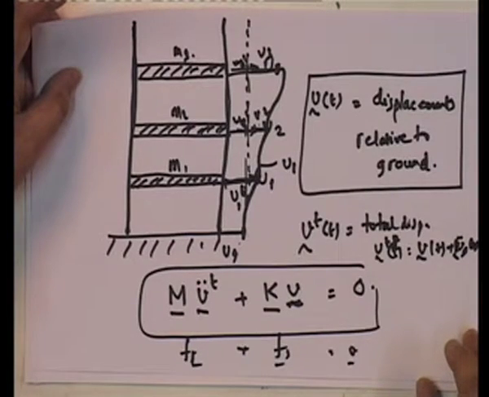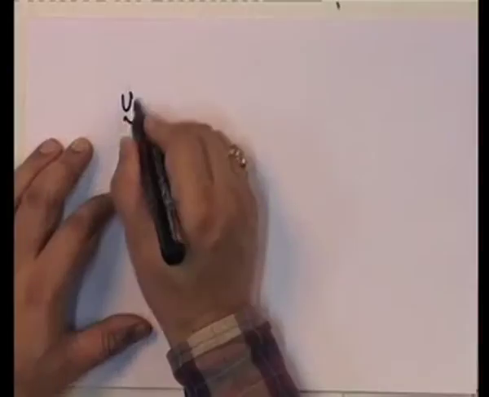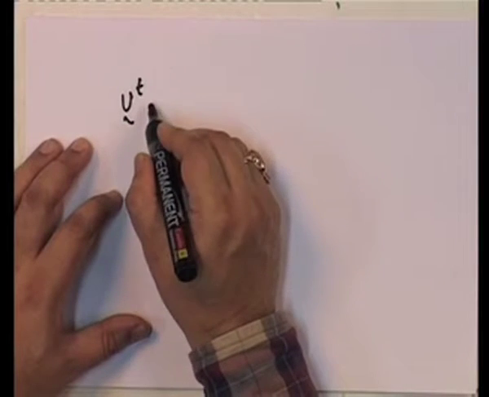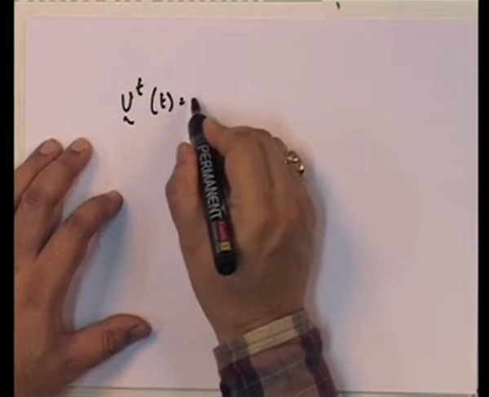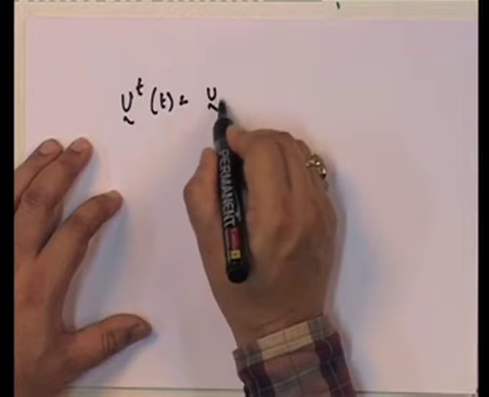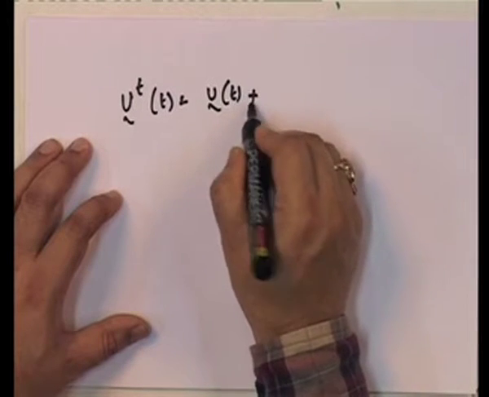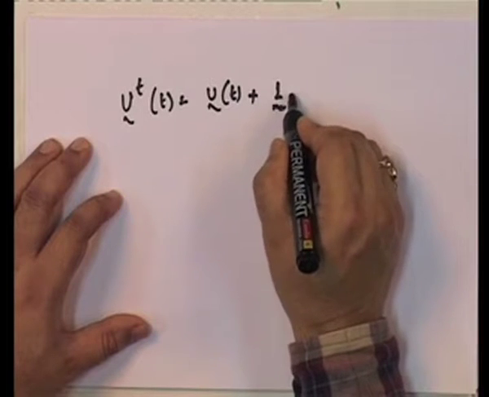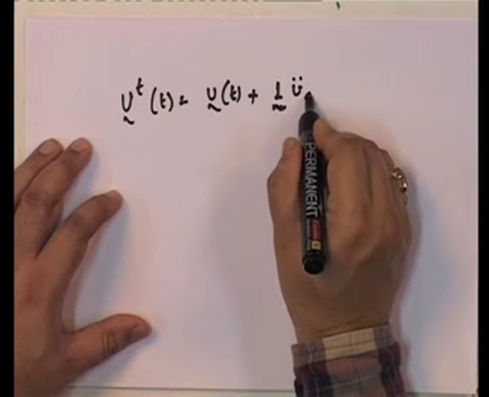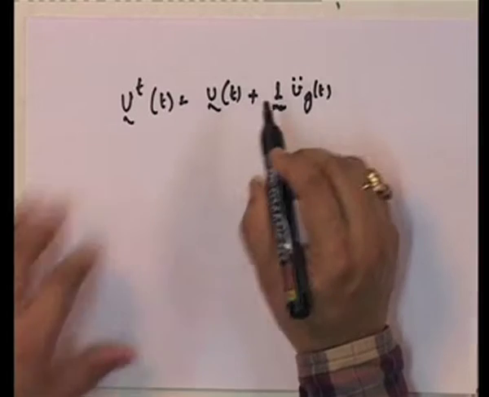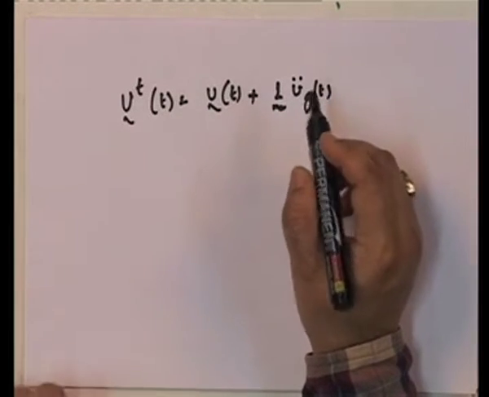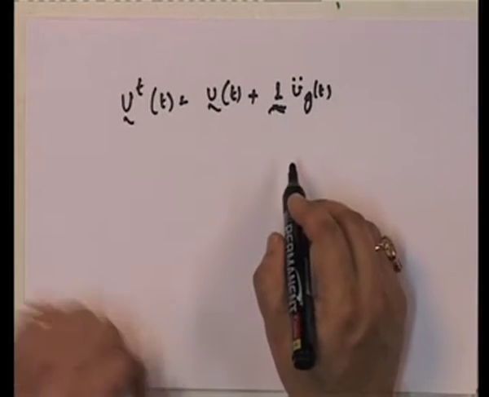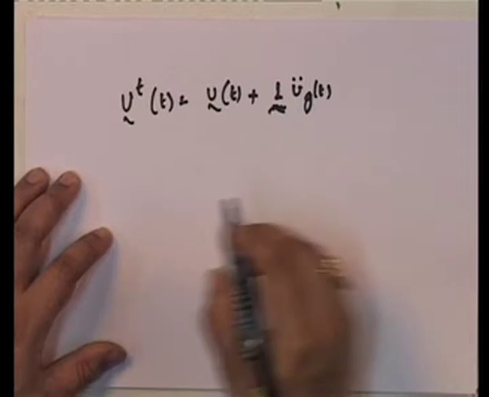Okay. So, therefore, if you look at it, we get this kind of a situation, that since V total is equal to V of t plus, now each one is being subjected to, this is a vector of 1s into the ground acceleration. Every one of them is 1, 1, 1, and so this is a vector of 1s. Okay.